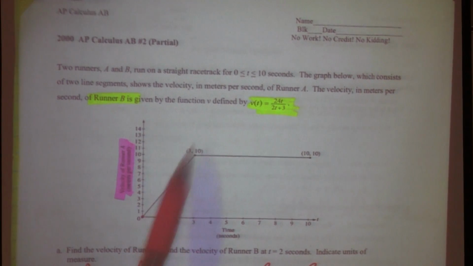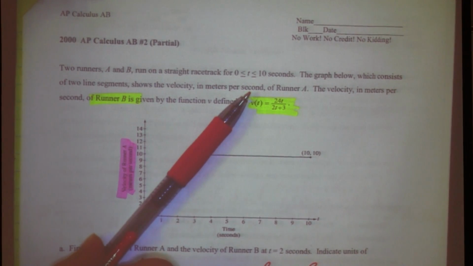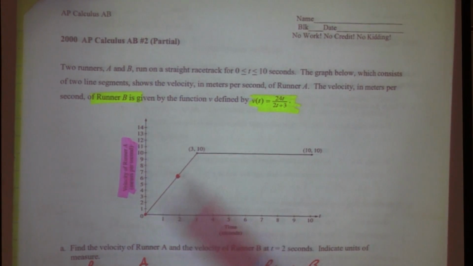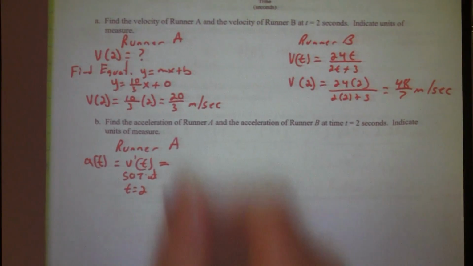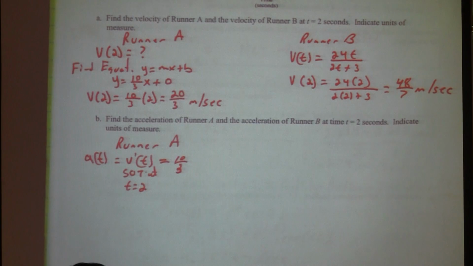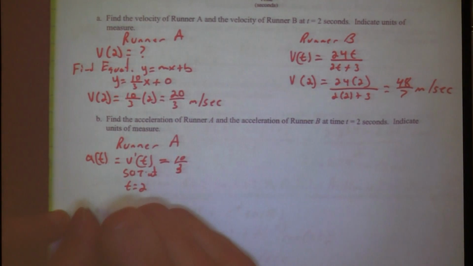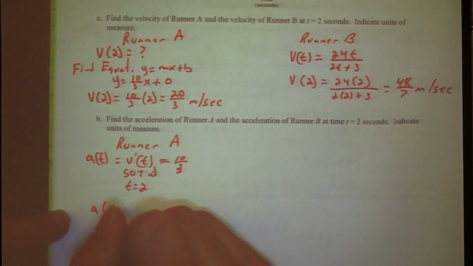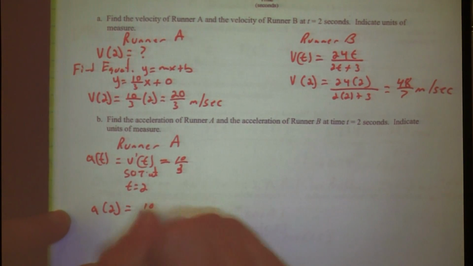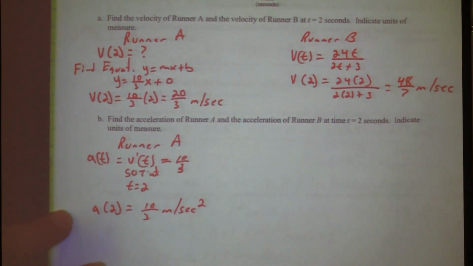So it'll be the same slope as that one? Because if I draw a tangent line there, it'll be on top of that one. So what was the slope of that line? 10 over 3, right? So that means the acceleration will be 10 over 3, anywhere in that interval actually from 0 to 3, right? So therefore we could say that A of 2 is equal to 10 over 3, and that'll be meters per second, what? Squared.